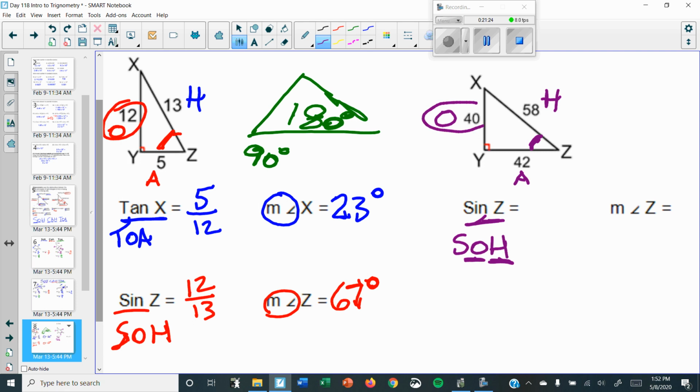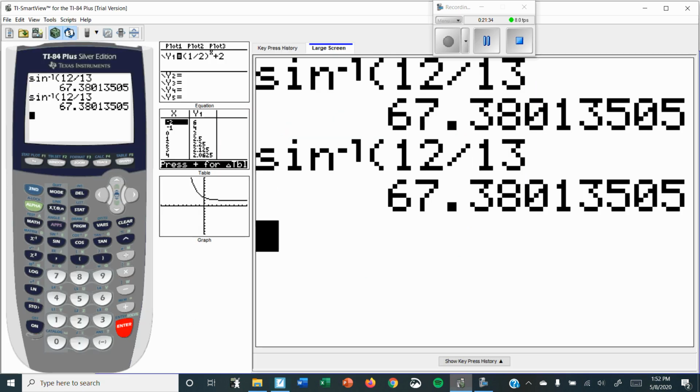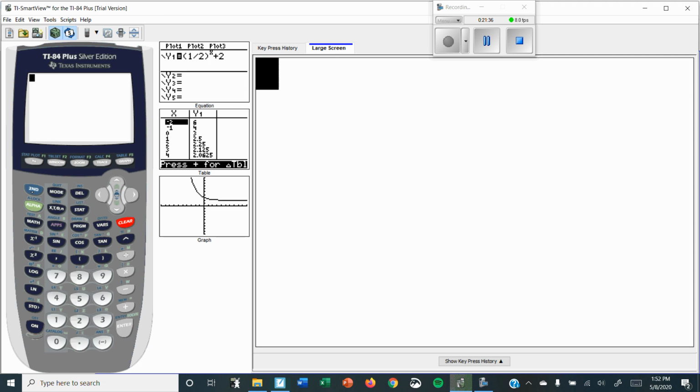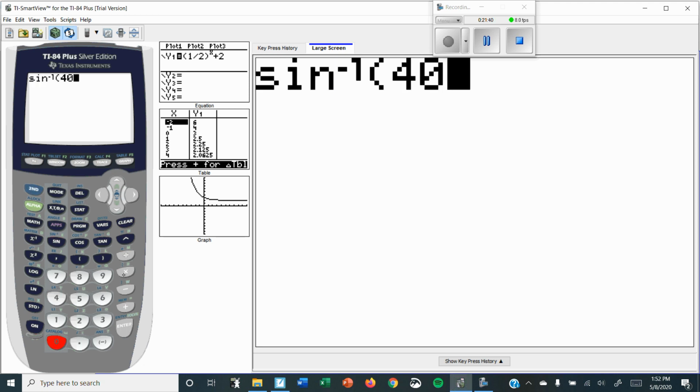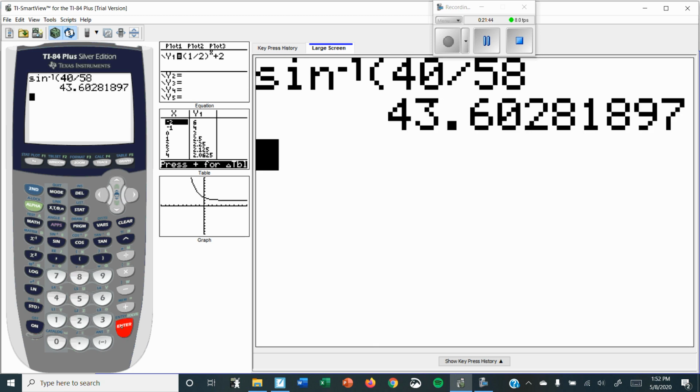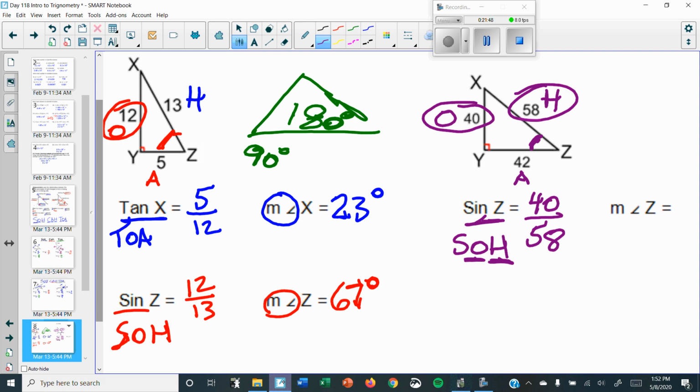So you get 40 over 58. So now to find angle z, you go to your calculator and you type in second sine 40 over 58. And it's 43.6, so we'll round that to 44. So 44 degrees. Okay, and there's your answer.